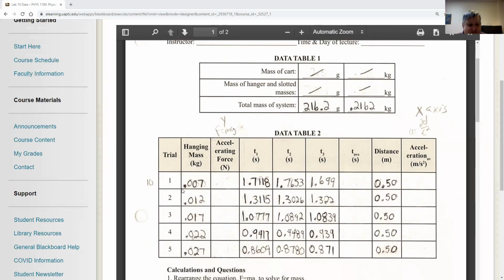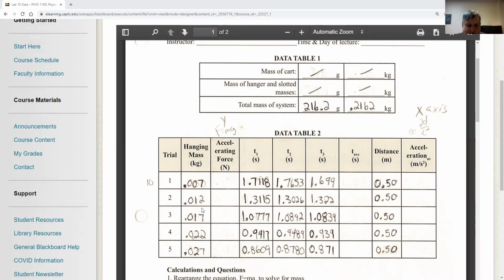We're going to have 5 different hanging masses, and how we get this is we start out by having the hanger with just one mass on it. And we get that mass from the cart.